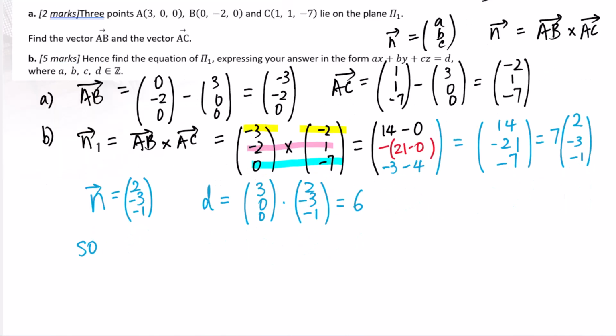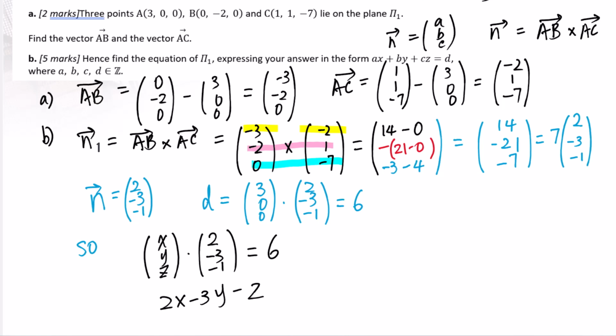So the equation of the plane π1 is (x, y, z) dot (2, -3, -1) equals 6, which is 2x minus 3y minus z equals 6. This is the equation for π1.